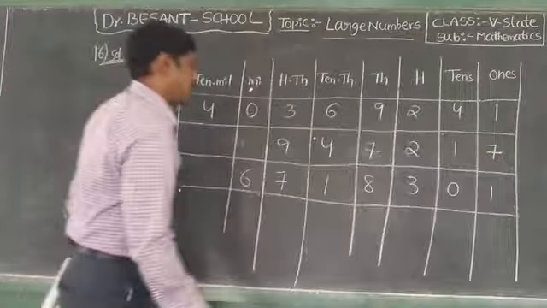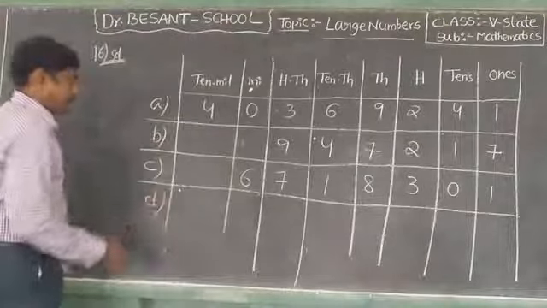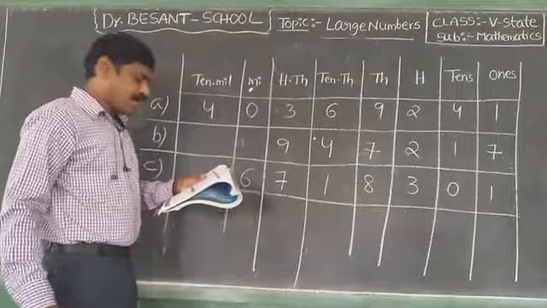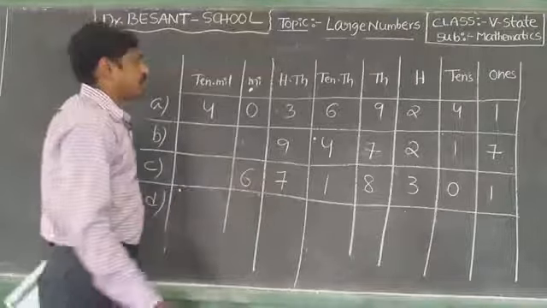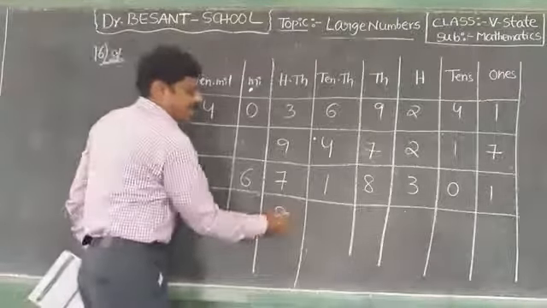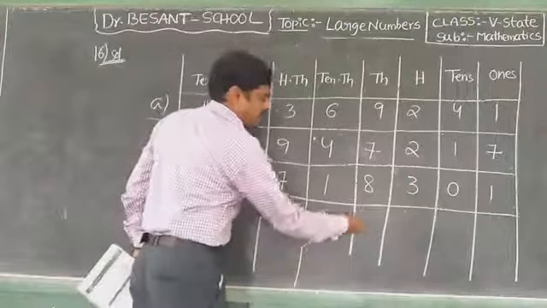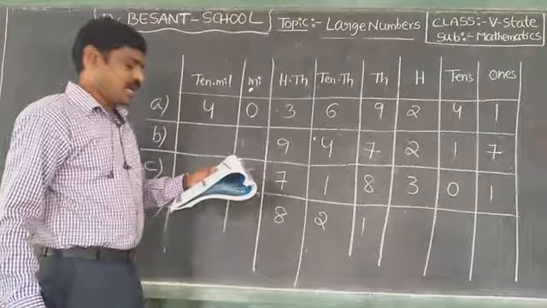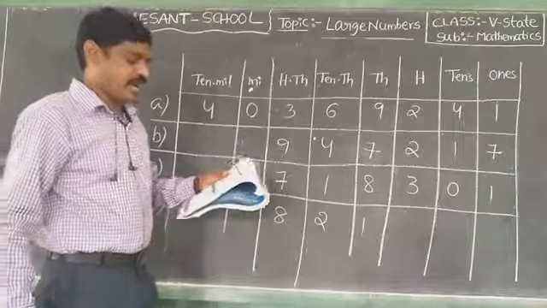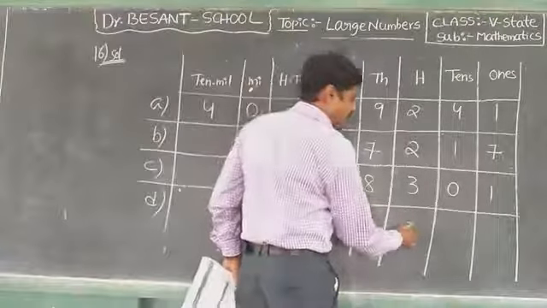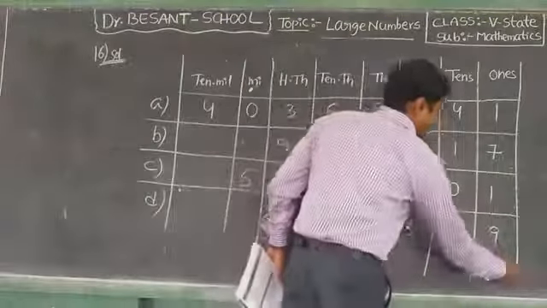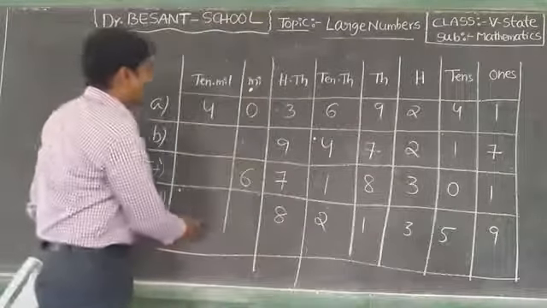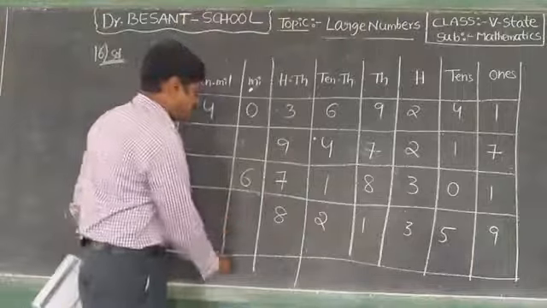Next, D, 821,000, 359. So here the 10 million place and million place are empty.